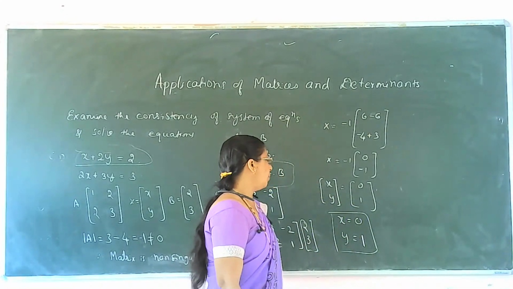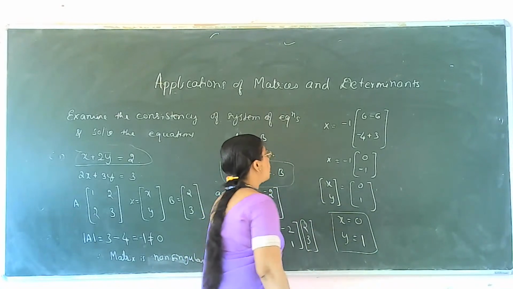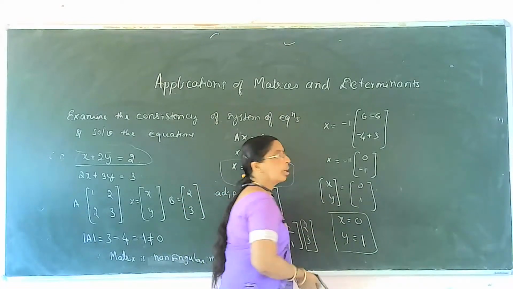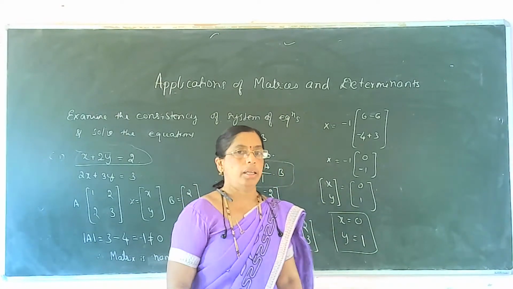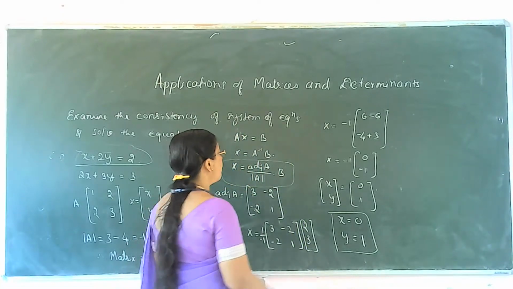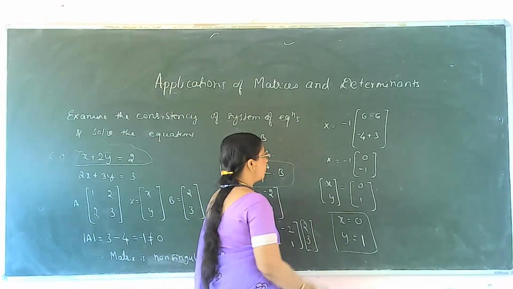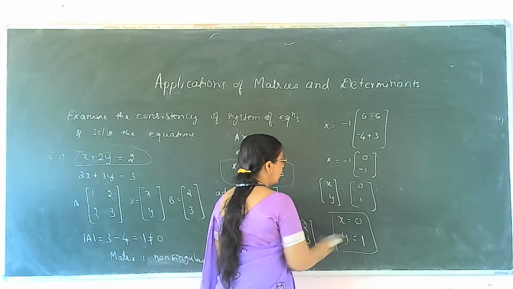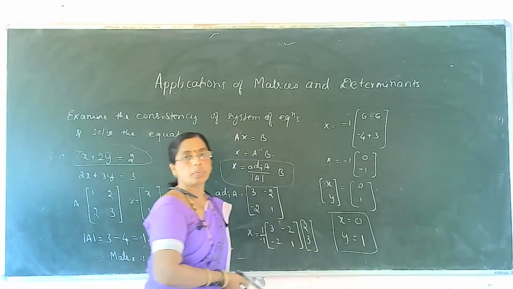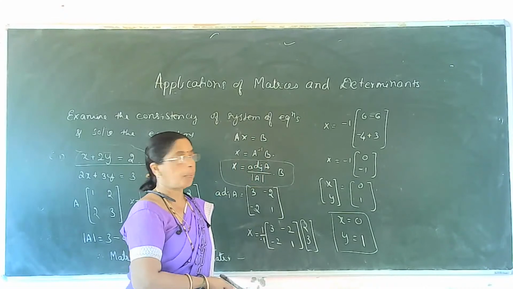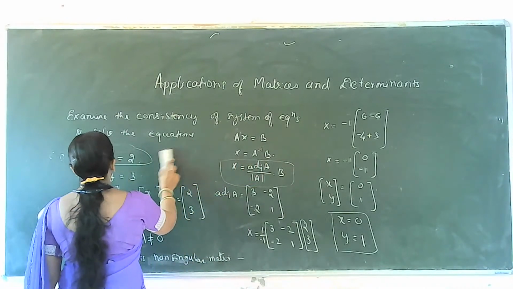First one is the unknown x and y, second matrix is 0 and 1. In the matrices class, we studied equal matrices. Here, equating the corresponding terms, we get the solution of x and y.